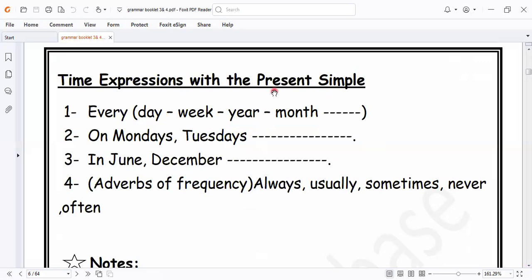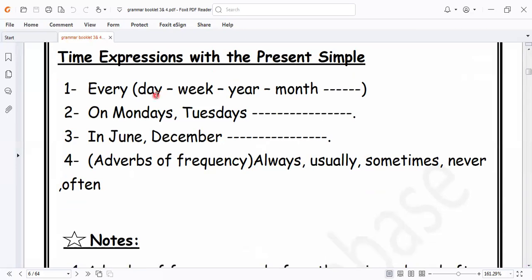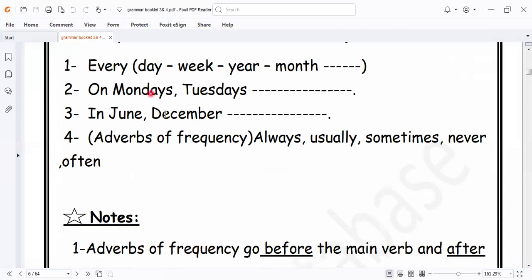Here are the keywords expressing present simple, like what? Every day, week, year, month. So every is the keyword of present simple.